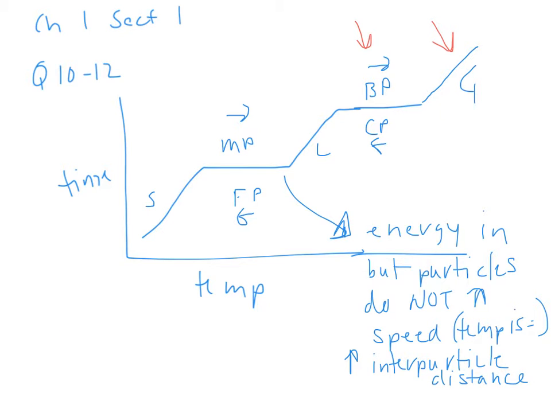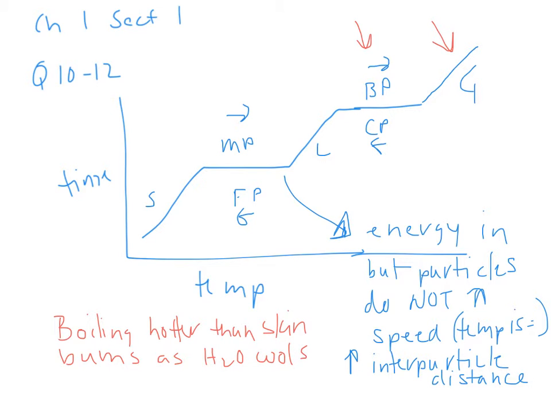Boiling water is going to transfer energy. It's going to be warmer than you. It's hotter than your skin. So it's going to burn your skin as it cools, because the water is going to transfer that energy to you.